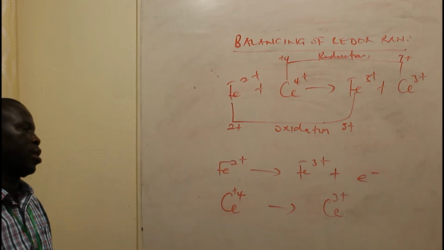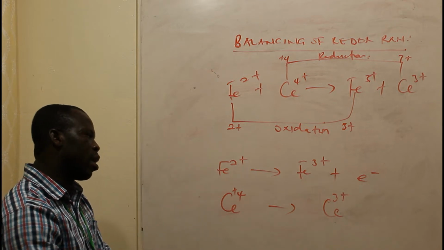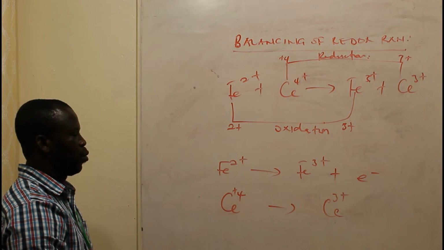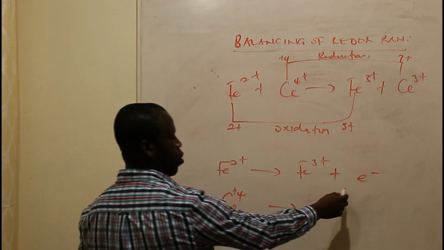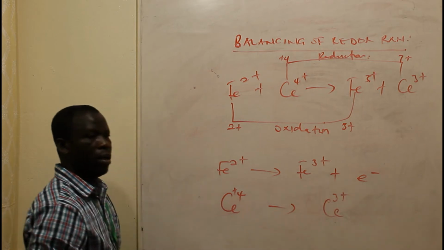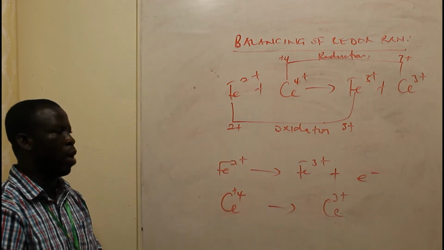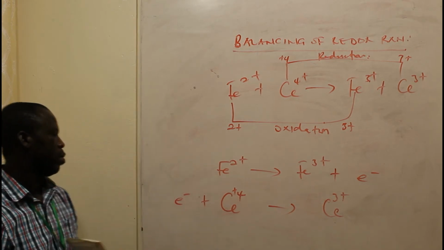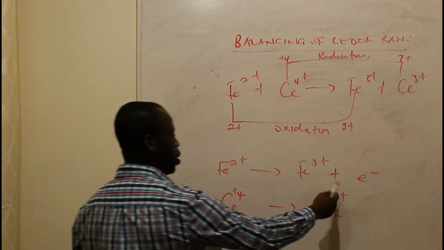In reduction reaction, the balancing electrons are always brought to the reactant side. So here, a total of 4 charges, a total of 3 here. What I have to do is to reduce this one by 1, so we add 1 electron. Then it is balanced. So total charge will be 3 here, total will be 3 here.